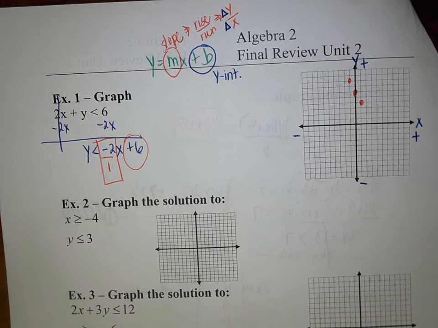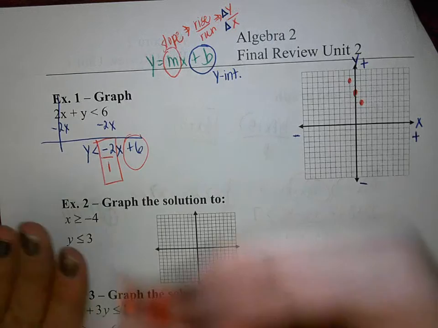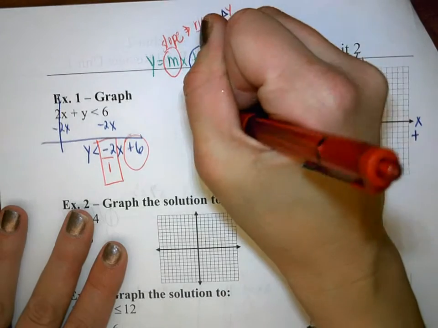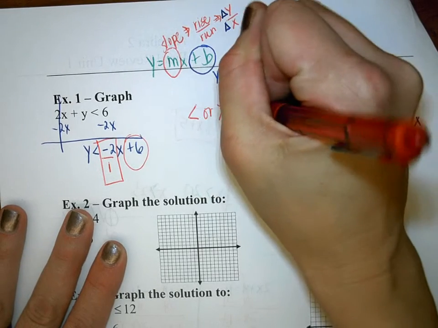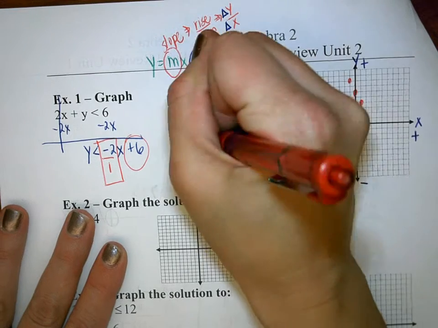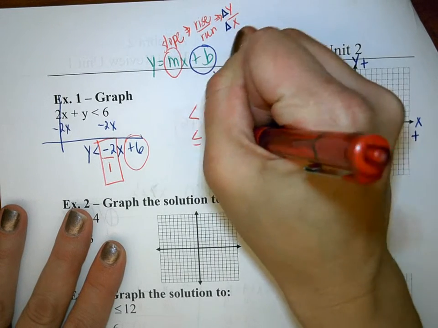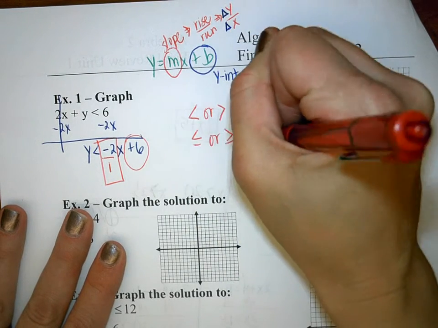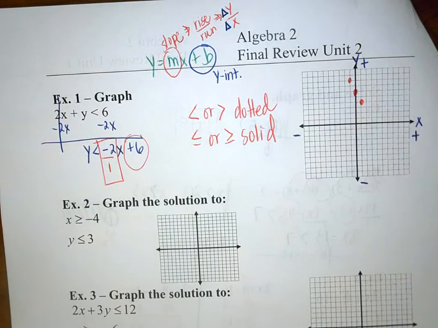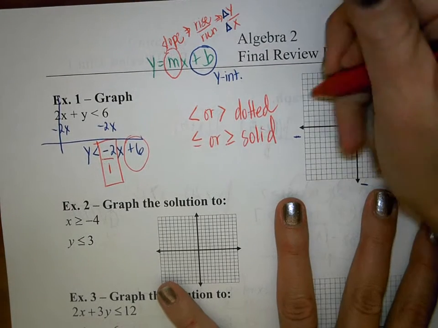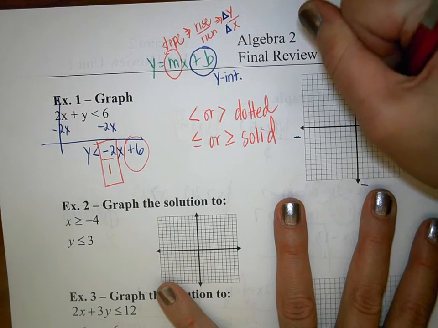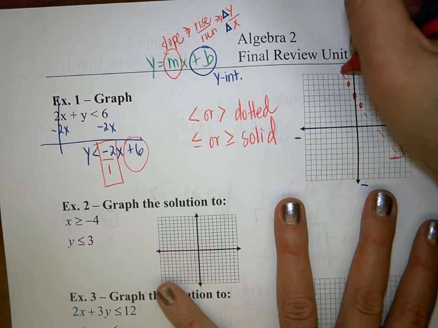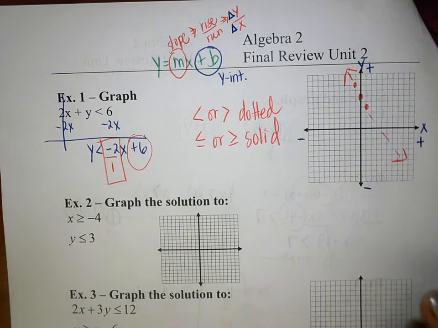Is this going to be a solid or dotted line? Good, dotted. Remember that less than or greater than is a dotted line, where less than or equal to or greater than or equal to is a solid line. Okay, so we have this as a dotted line. And then we also need to shade.